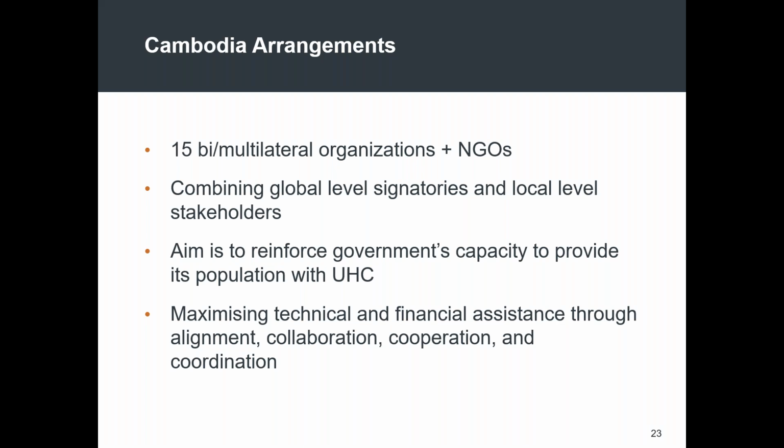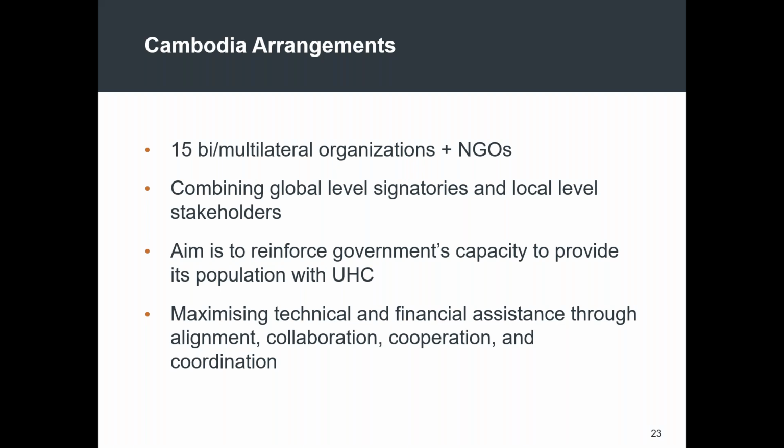Next, please. So the Cambodian chapter, if we can term it as such, consists of 15 bilateral and multilateral organizations, complemented with NGOs working in health financing for UHC. We call ourselves P4HC plus, C standing for Cambodia, the plus denoting agencies that didn't sign up at global level, but which are present within the country, like KOICA and JICA and UNICEF, and participating here.